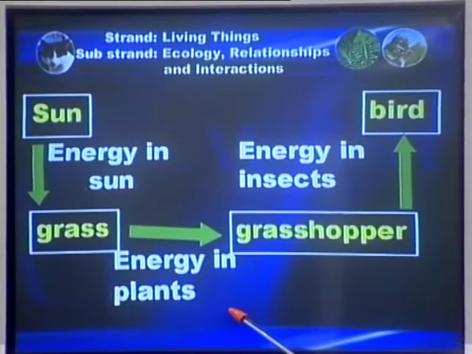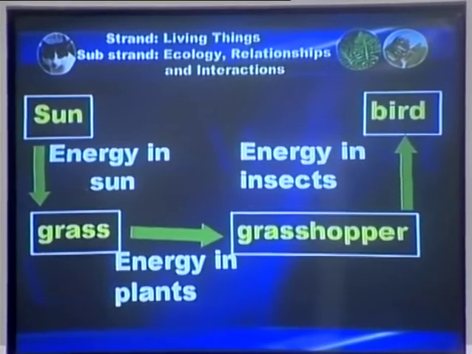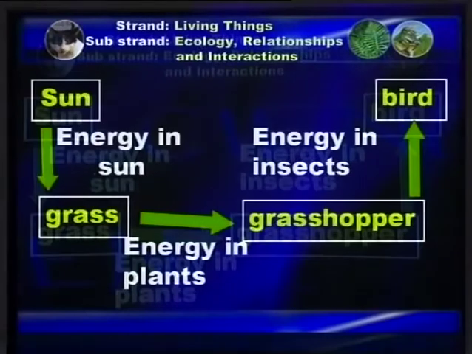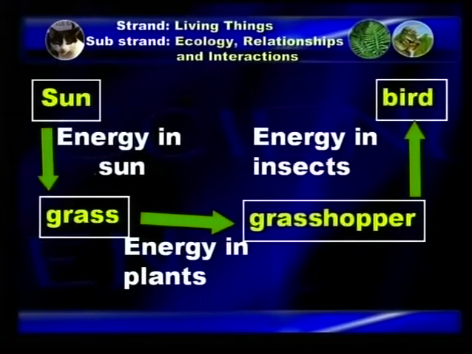Now, think about what you have eaten this morning or what you have eaten last night, your dinner time. Now let's have a look at some more examples on the food chain.